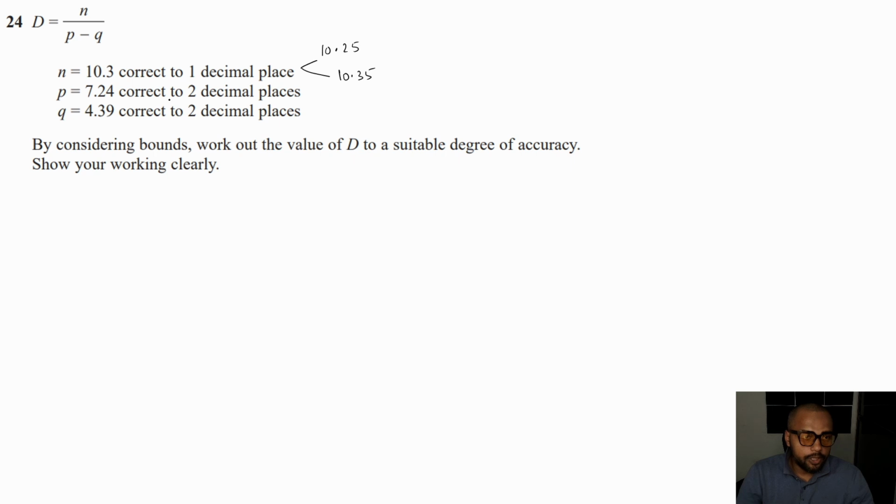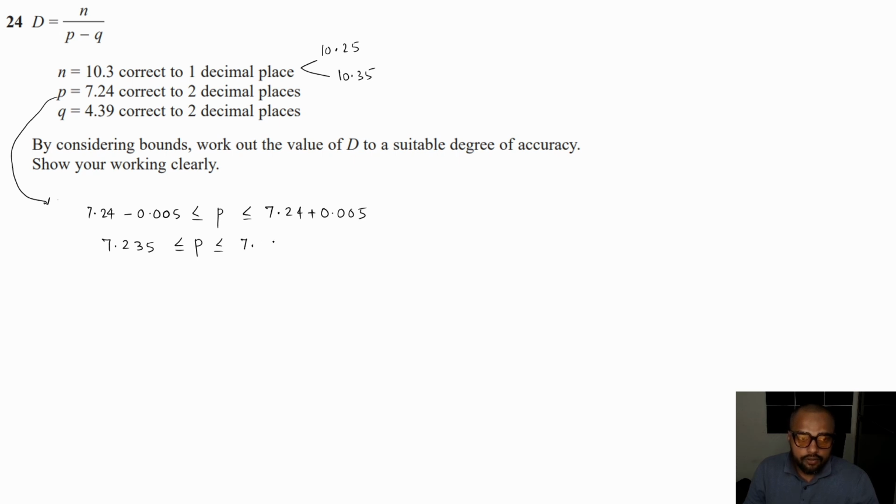Similarly, for p correct to 2 decimal places, it will lie between 7.24 minus 0.005 and 7.24 plus 0.005. It will lie between these 2 points, so it will be 7.235 to 7.245. This is the range for p.